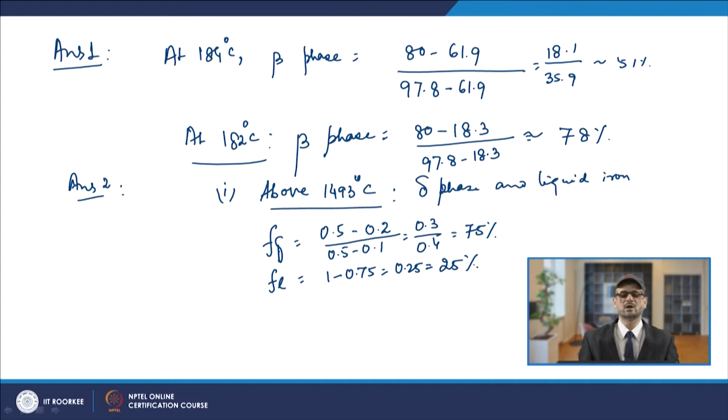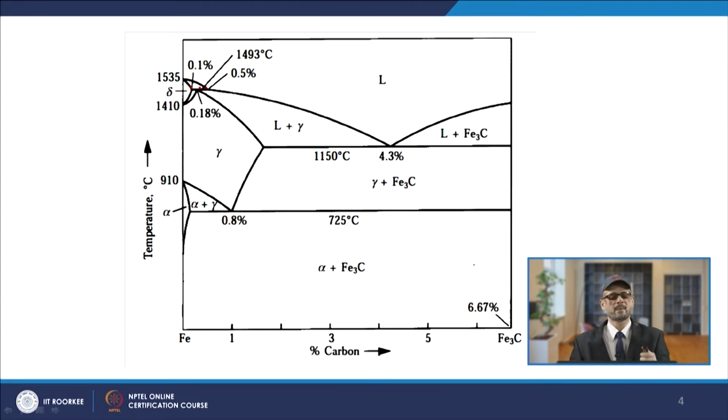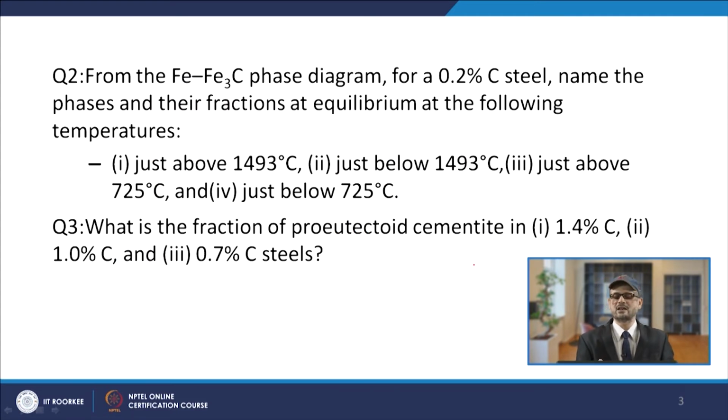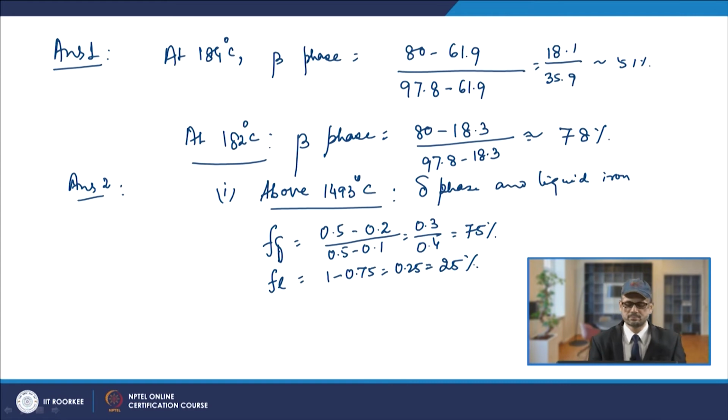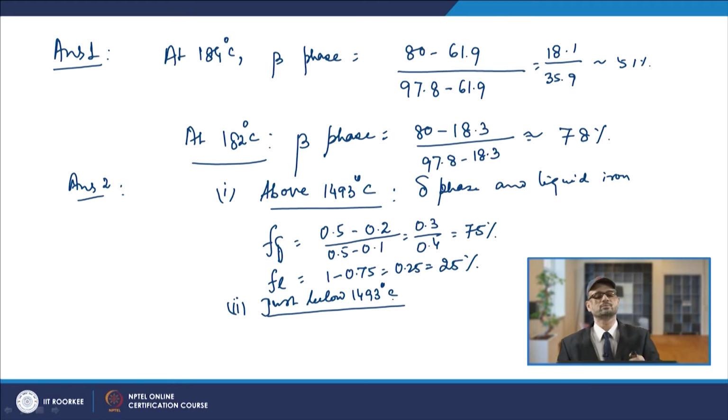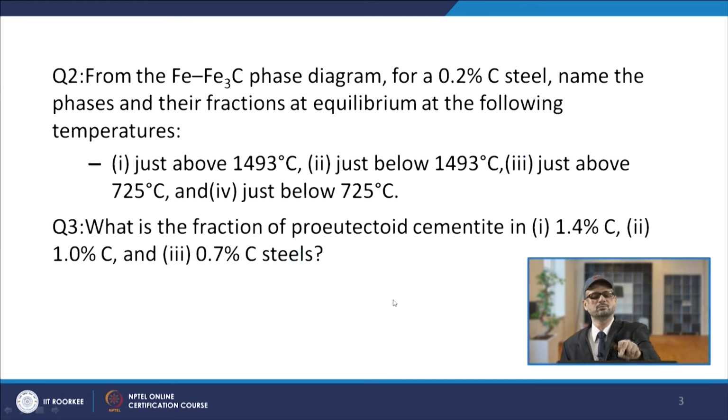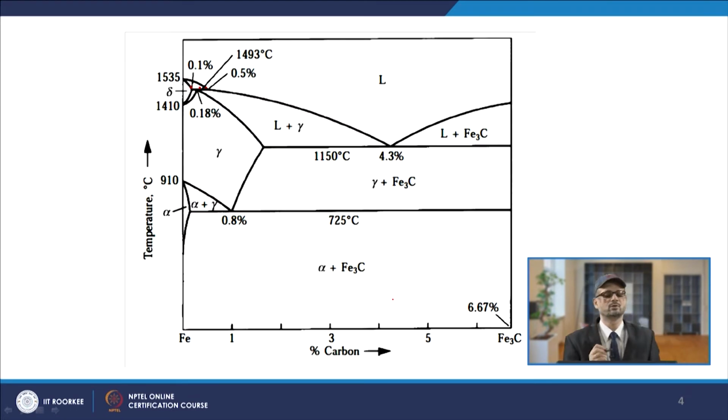Now, we have to see the next: just below 1493 degree centigrade. So, let us see how we know the phase.